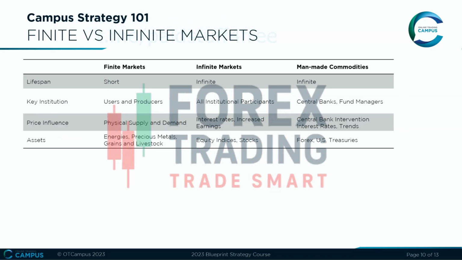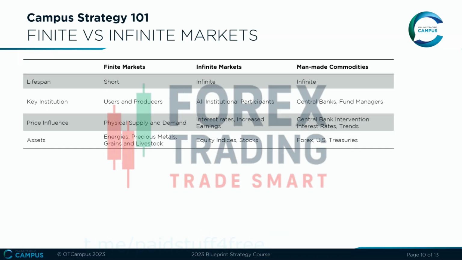Now, this is an interesting slide. We trade many markets and we trade various assets, and we know that not all of them are the same. There's a big fundamental difference in the markets that we trade. And I believe that the difference comes with the major participants of these markets.